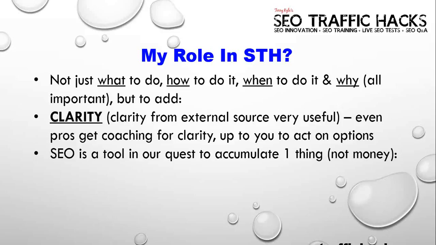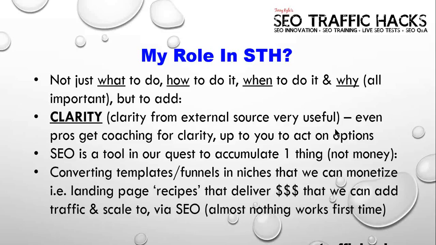And it's not directly money, although that's obviously the outcome we're all looking for, to increase our income. But the thing that we really want to accumulate is actually converting templates or funnels, web pages that we are successfully monetizing in whatever niches we're operating in.